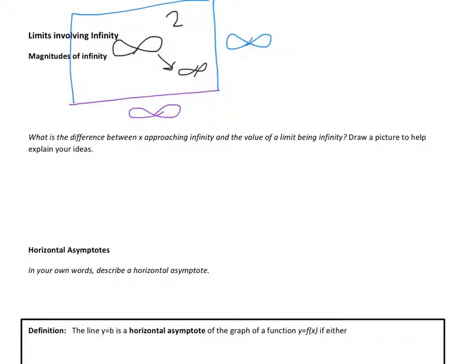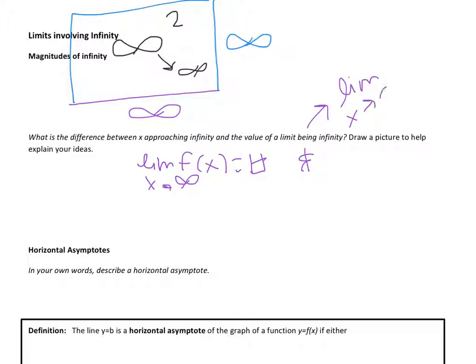So what I'm asking is, what's the difference between the limit as x approaches infinity of f of x equaling some number, and the limit as x approaches c of some function equaling infinity? How will those two things appear different, especially in a graph? What's going to be different in a picture of those functions? So pause the video again for a second and record some of those notes to yourself right about here.